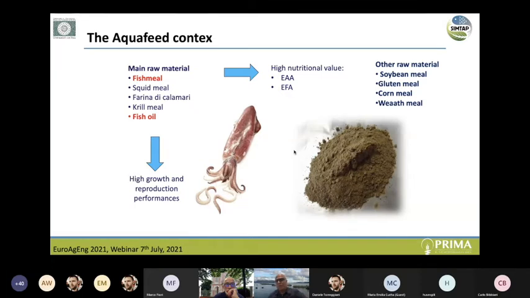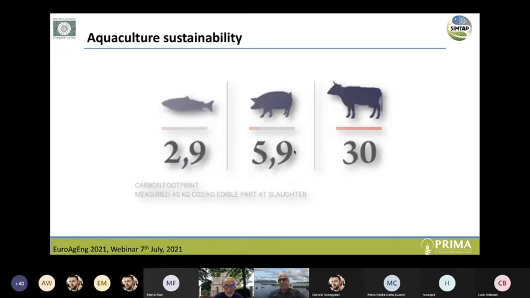Other raw materials are soybean meal, gluten meal, corn meal, wheat meal, sorry for the mistake, wheat meal, which are more or less more sustainable, but still they have some negative effect on fish physiology as well as from the environmental point of view. For this reason, we can, of course, work on that to improve the sustainability.